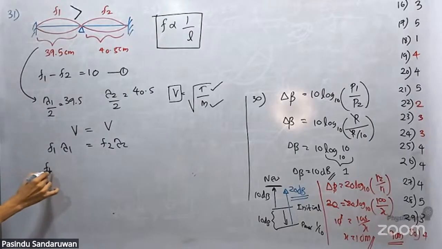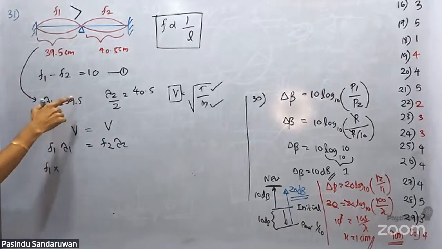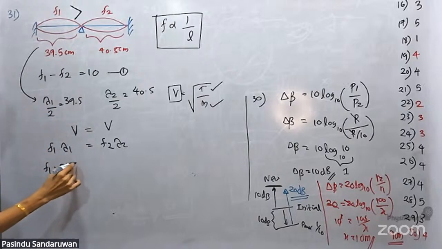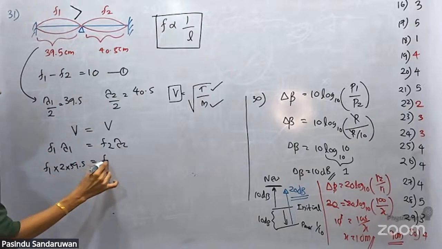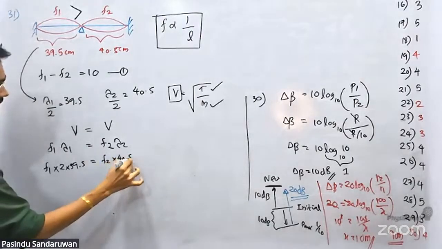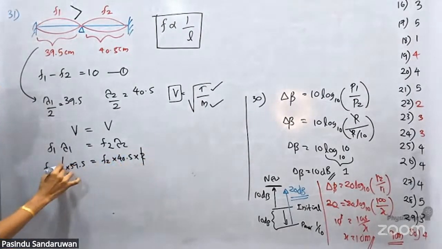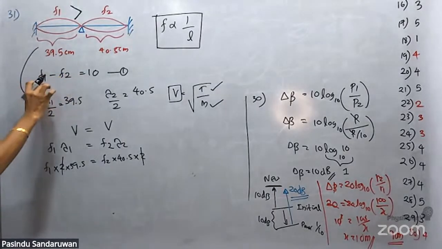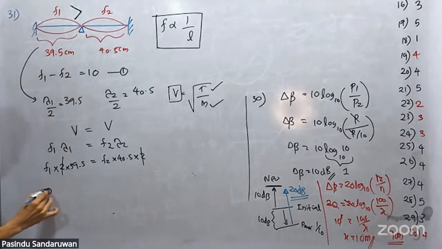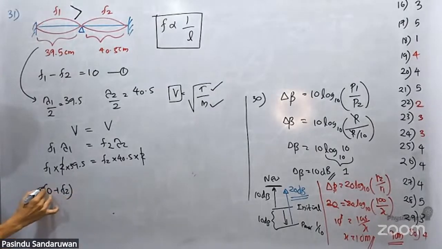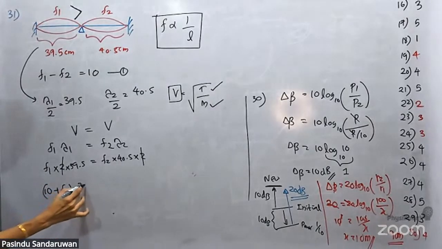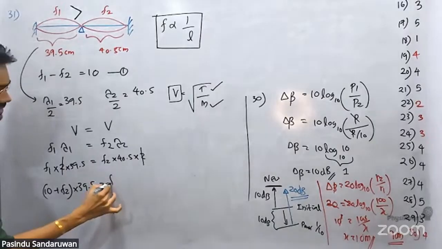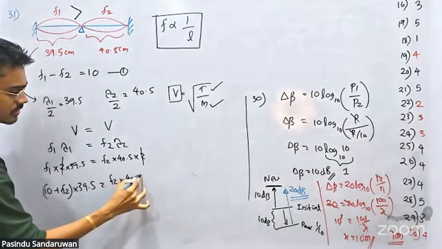F1 lambda 1 is 2 times 39.5, and F2 lambda 2 is 40.5 times 2. 2 cancels, and F1 can be written as 10 plus F2. Okay? F1 is 10 plus F2. Then this is 10 plus F2 times 39.5 equals F2 times 40.5.